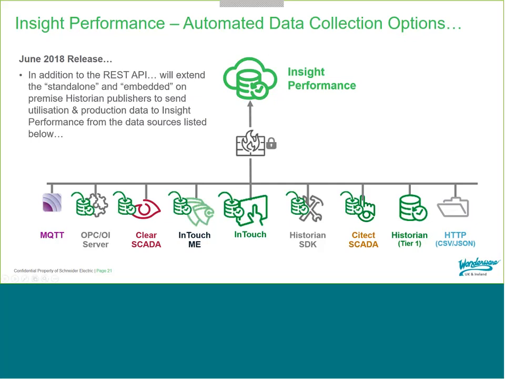So whether you need support for industrial IoT devices through different protocols like MQTT, or through OPC with Wonderware's OI Server, OI Gateway, or directly publishing from Clear SCADA, InTouch, SiteTech SCADA, from Wonderware Historian, or manually importing files through the web client.